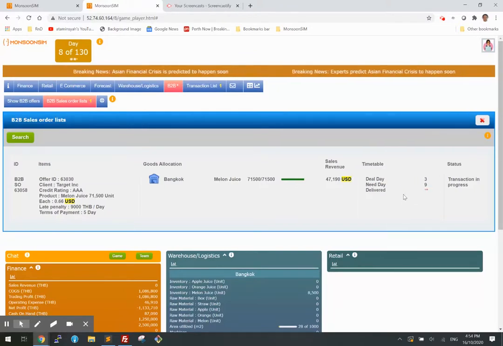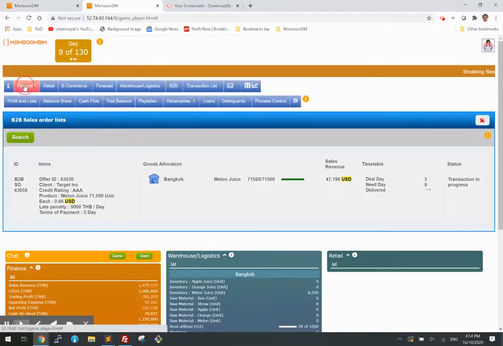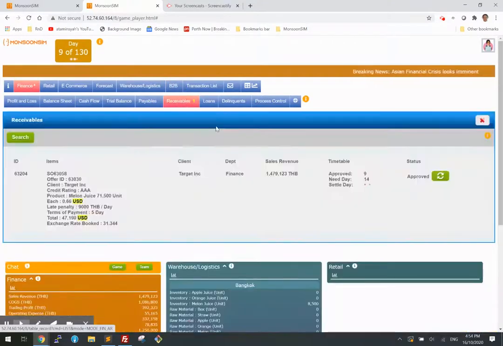I hope it has arrived to the customer. There you go. So now I have receivables. Good. So on day 9, I have booked my receivable of 47,000 US dollars based on exchange rate of 31.